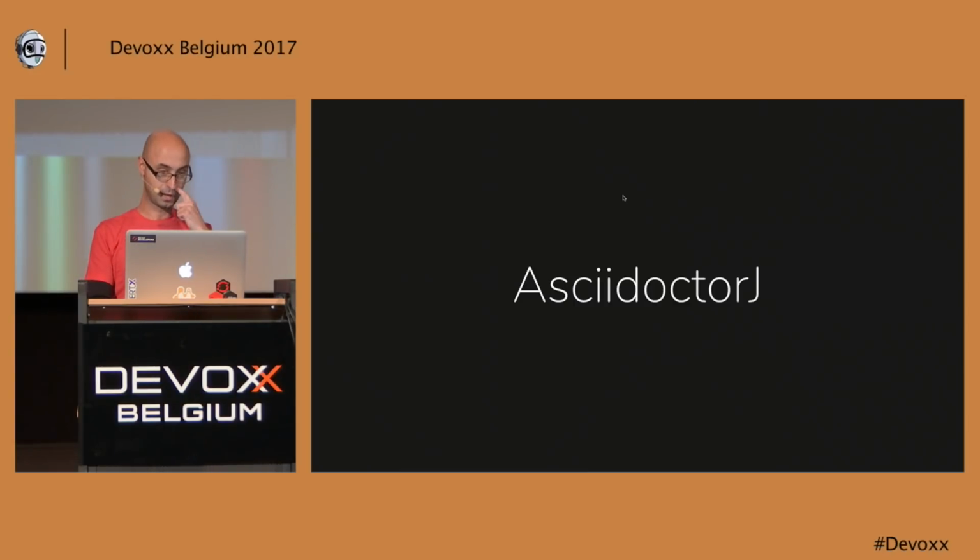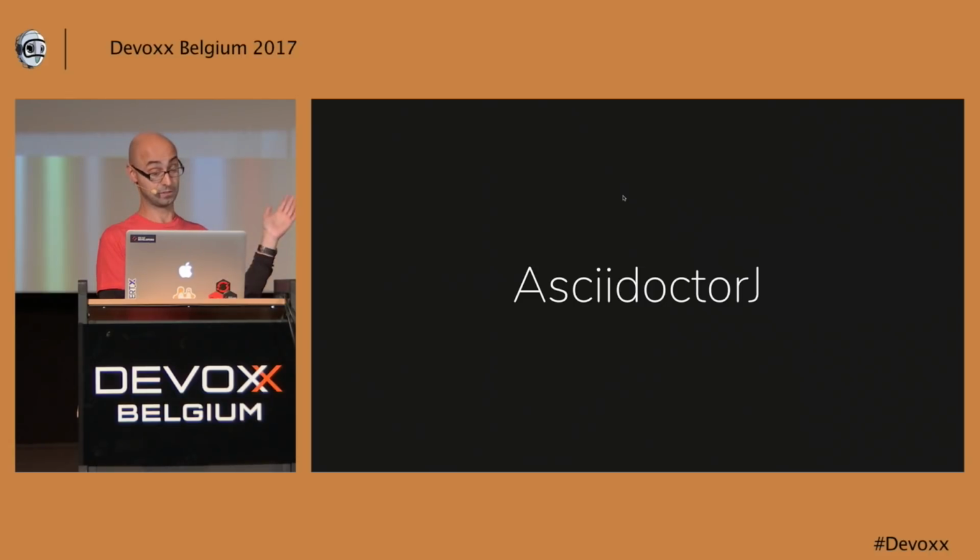One of the most used Asciidoctor ecosystem projects is AsciidoctorJ. AsciidoctorJ brings Asciidoctor to the JVM, and it's a pure Java API that manages JRuby underneath and wraps all the Ruby API so you can use the Asciidoctor Gem without giving it any thought.